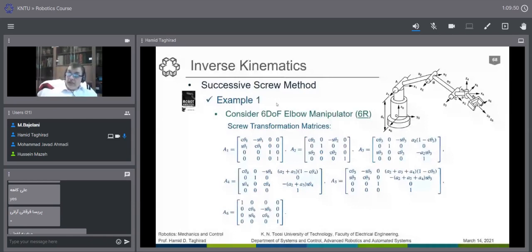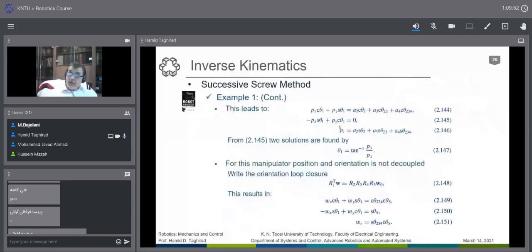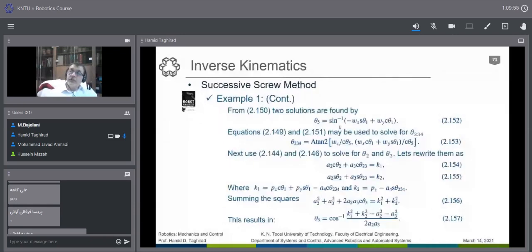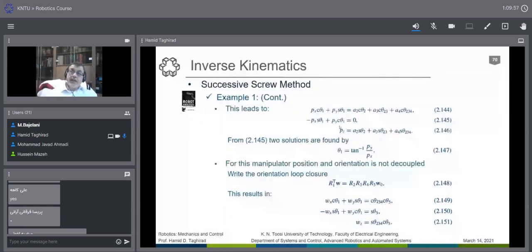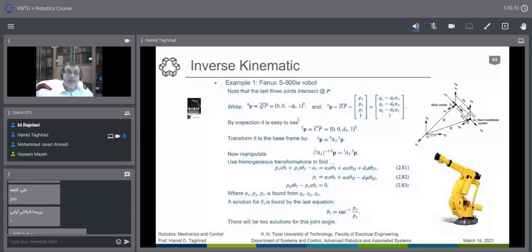But before going to the screw axis, I would like you to please completely follow the Fanuc example and how we have done that, so that you can easily follow what we are doing in the next session on the successive screw. There is not much difference in terms of the method that we are using.